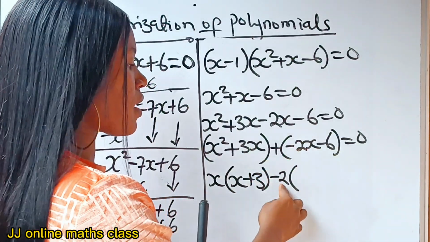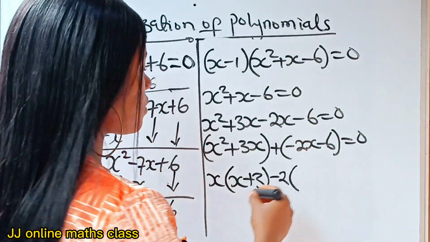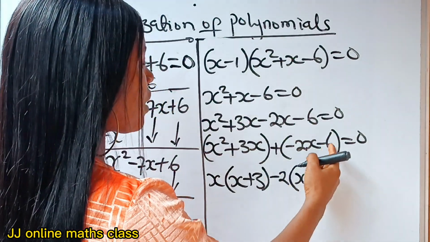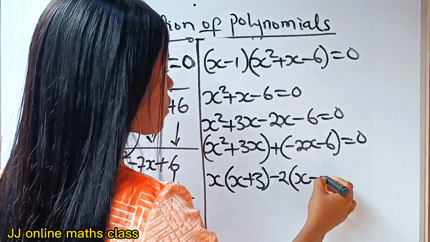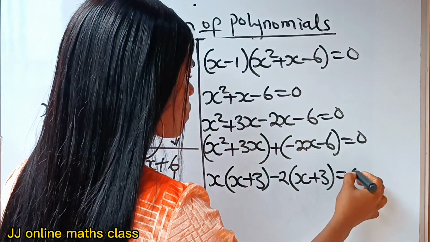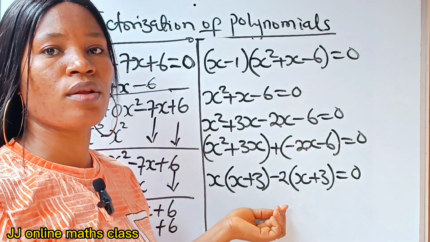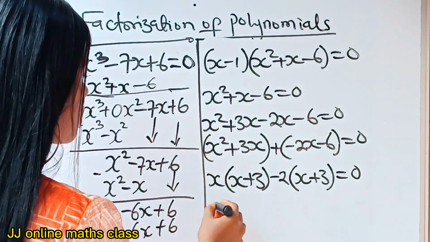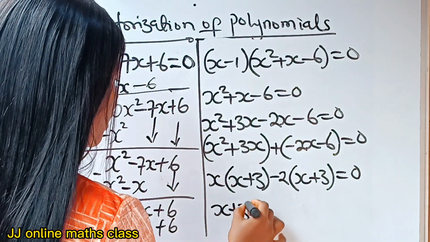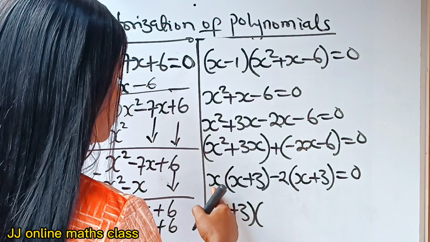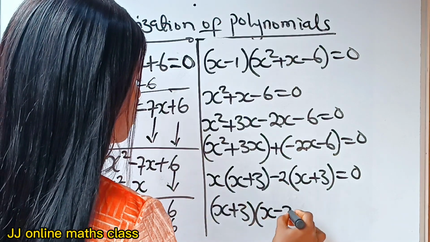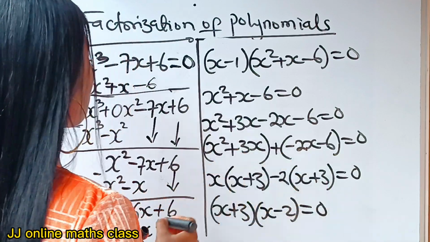Minus 2x divided by minus 2 will give us x, so we have x. Minus 6 divided by minus 2 will give us plus 3 is equal to 0. So we have actually gotten the two factors that we are looking for here. And they are what? X plus 3 and what? X minus 2. X minus 2 is equal to 0.